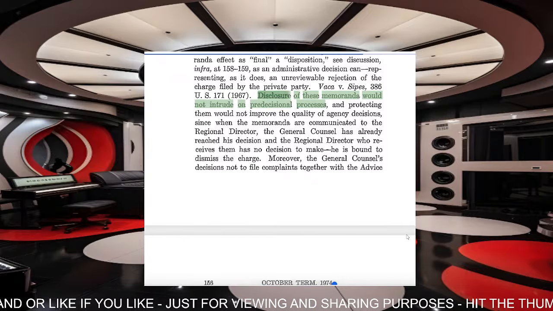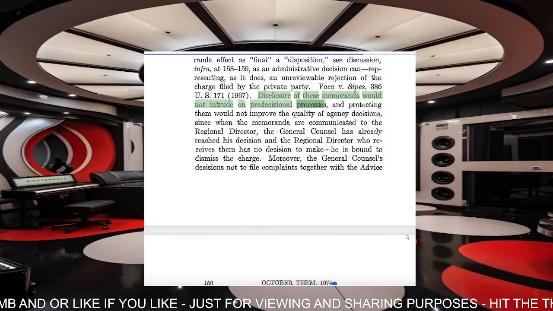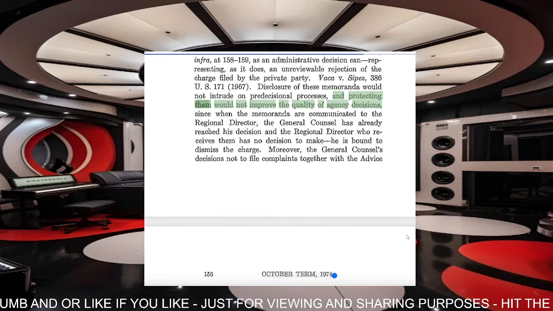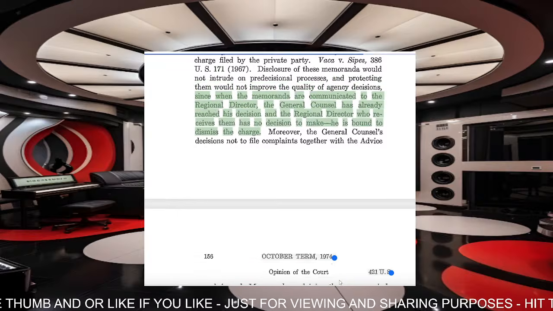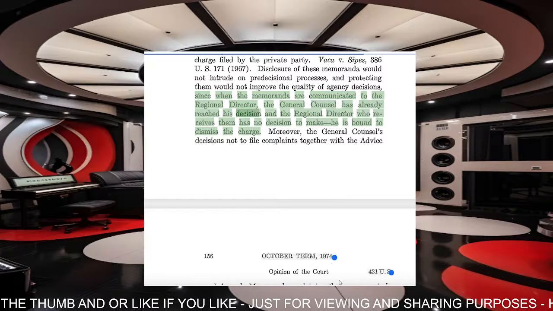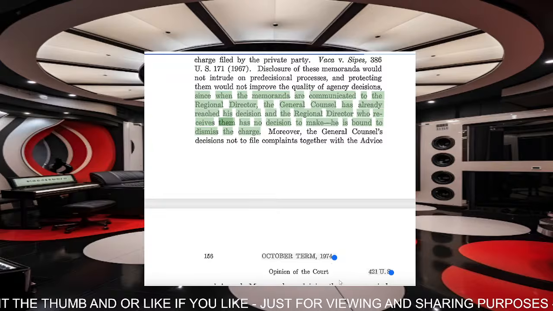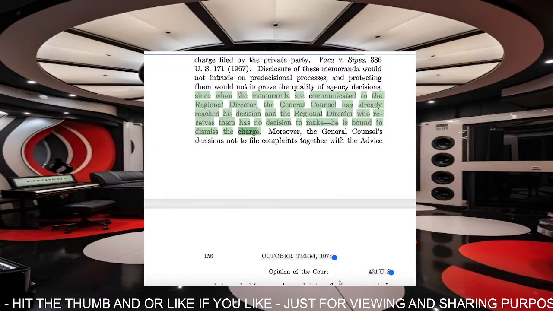171. Disclosure of these memoranda would not intrude on pre-decisional processes, and protecting them would not improve the quality of agency decisions. Since when the memoranda are communicated to the regional director, the General Counsel has already reached his decision, and the regional director who receives them has no decision to make.